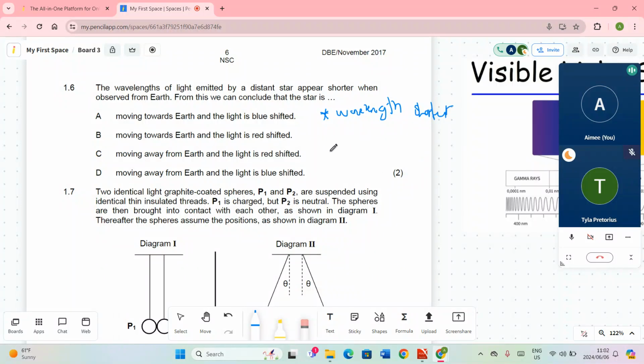Okay, important to remember, wavelength or lambda is inversely proportional to frequency. What does that mean? That means that as wavelength increases, so frequency decreases. And as wavelength decreases, so frequency increases. So if our wavelength is decreasing because it's getting shorter, it means our frequency is increasing.